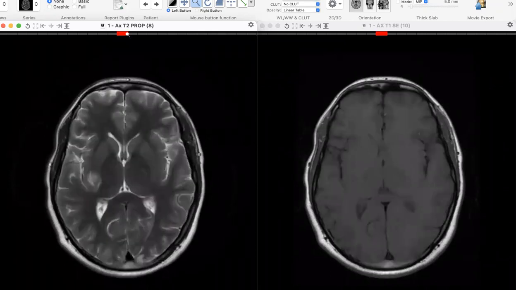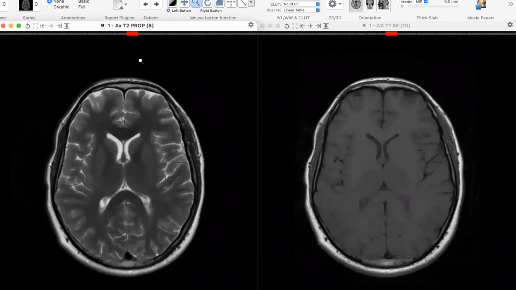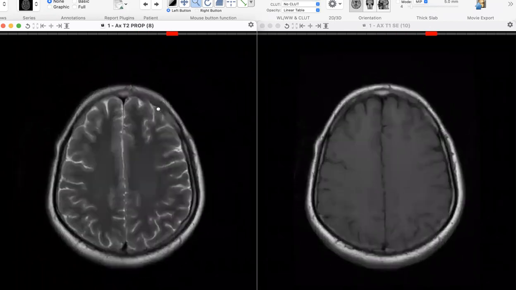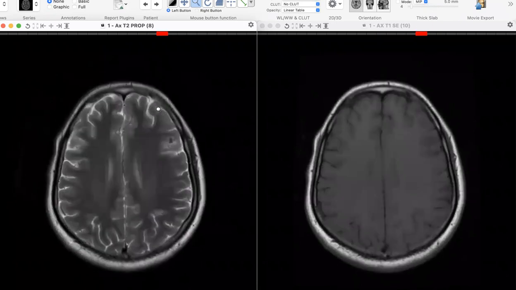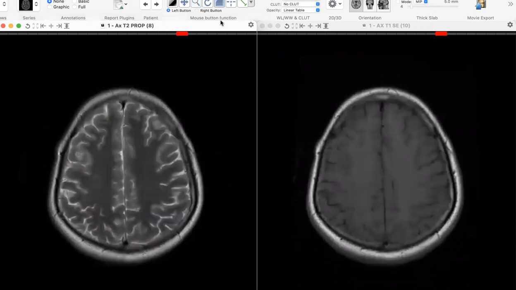Okay, you have a scroll wheel on your mouse? Yeah, I do have. Yeah, just scroll.